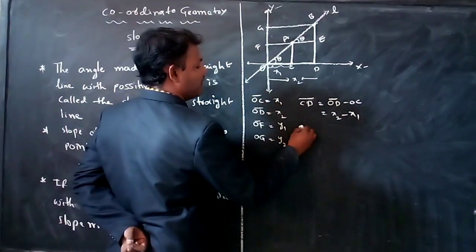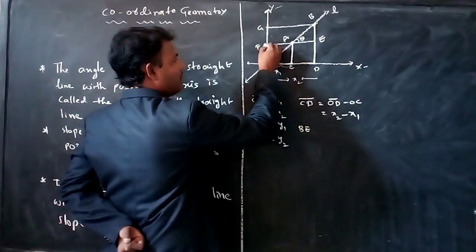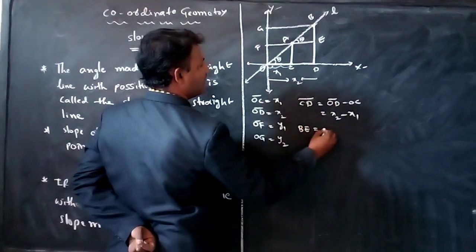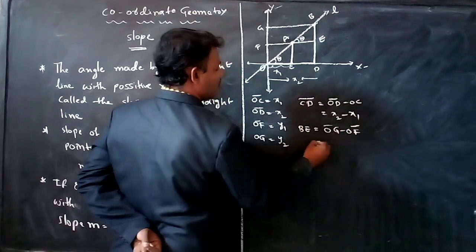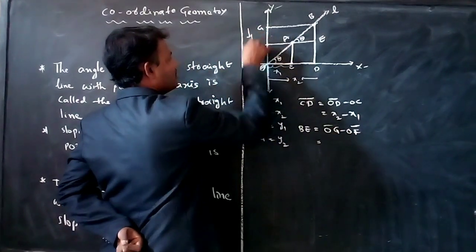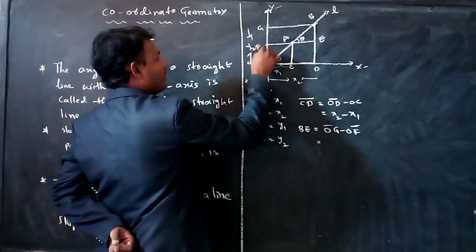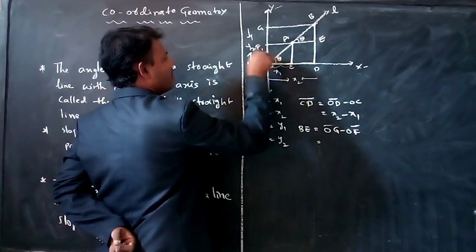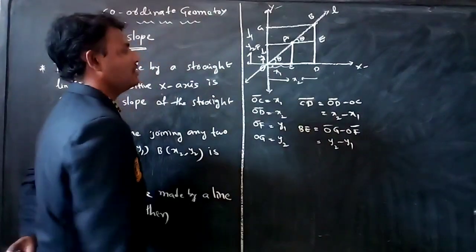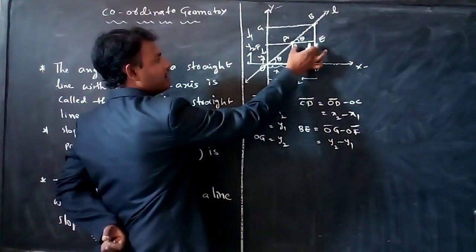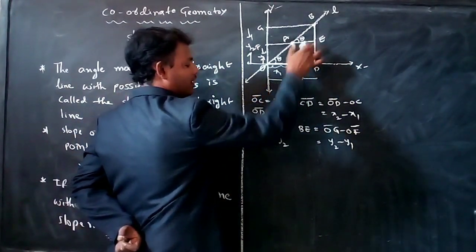Similarly, I need BE. To find BE, what can we write? OG minus OF. What is OG? It is nothing but y2, and OF is y1. So y2 minus y1. The length of CD and the length of AE are both equal.